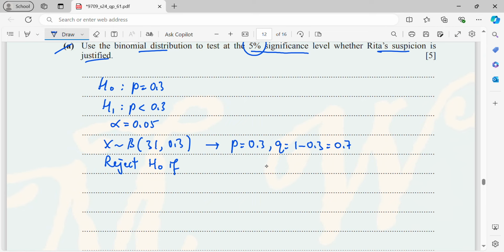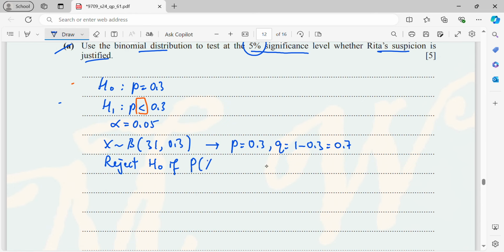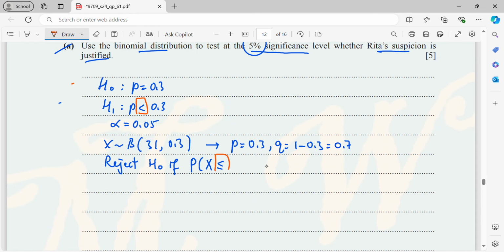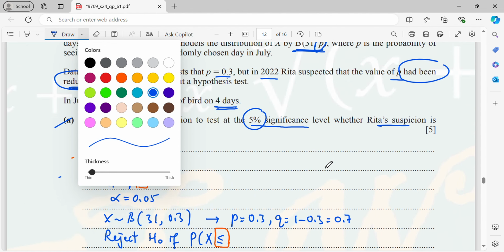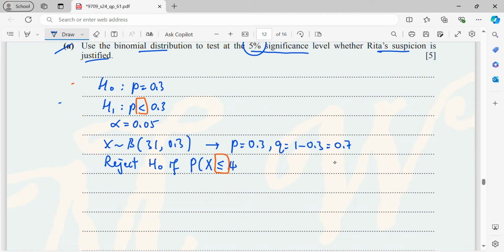Okay, now I will write down the rejection region, rejection criteria: reject H naught if. Now look at here, this is less. Therefore, your probability of X less than or equal to, less than or equal to is because of the less in the H1. Okay, now less than or equal to what value? 4 days. Okay, so X less than or equal to 4, and less than the alpha value. Always less than alpha value, then you reject H naught. So now we need to calculate P(X less than or equal to 4).